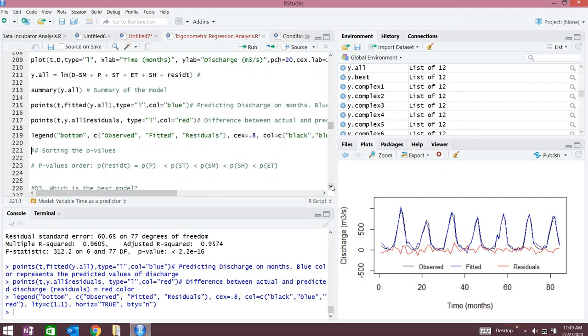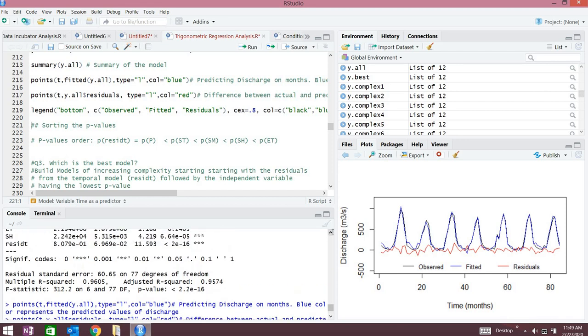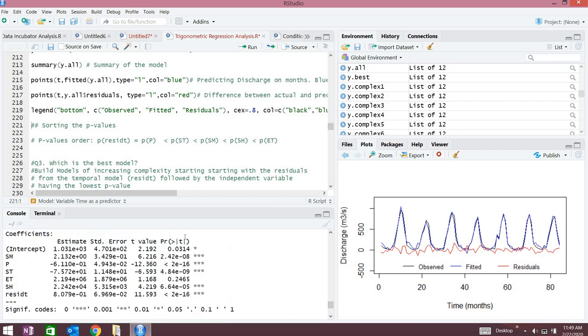So now that we have this column of p-values for the full model, we sort these p-values. So we sort the variables based on their p-values, starting with the lowest to the highest. So we see here that residual and the precipitation have the same, but we need normally to start with the residual, because whatever we do, we have to add the residual.